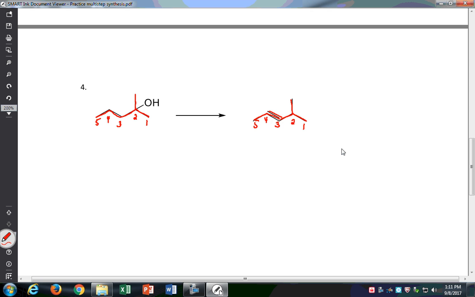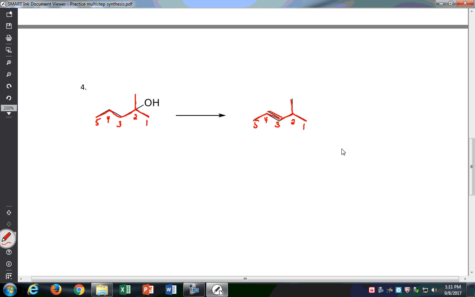First off though, it's probably not useful to go through an E1 for this particular one to do an elimination, just because we now have not very much symmetry, and we might get byproducts.